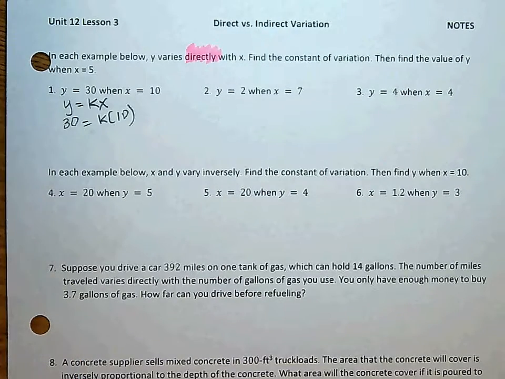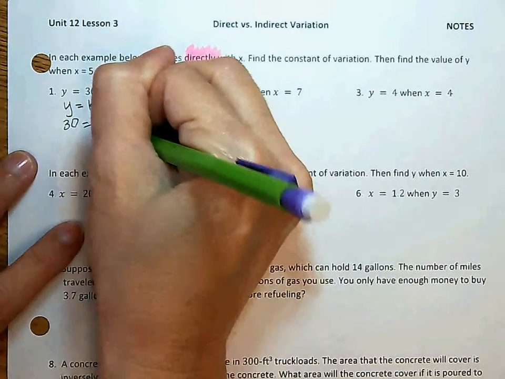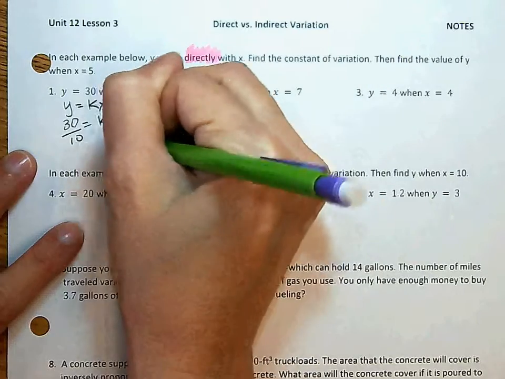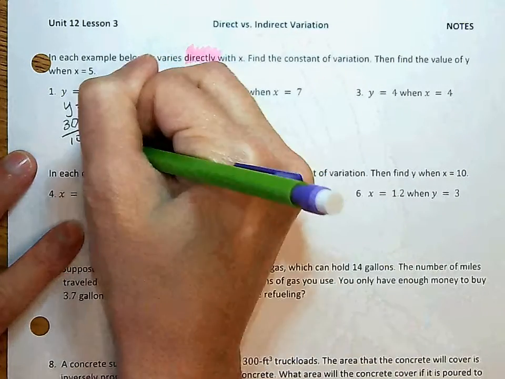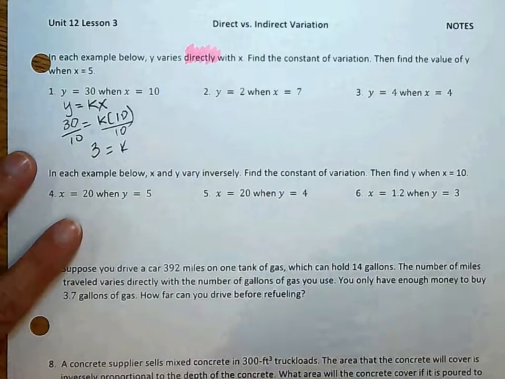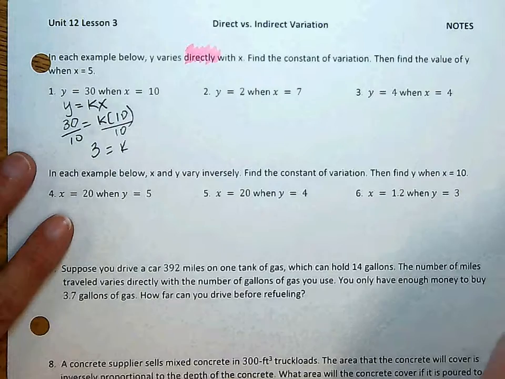And so now what are you going to do? Divide by 10. So k equals 3. That's the first part of it, okay? Now, do you have to write this next equation for me?